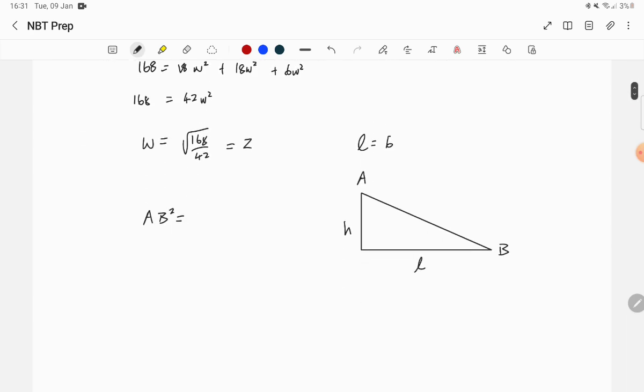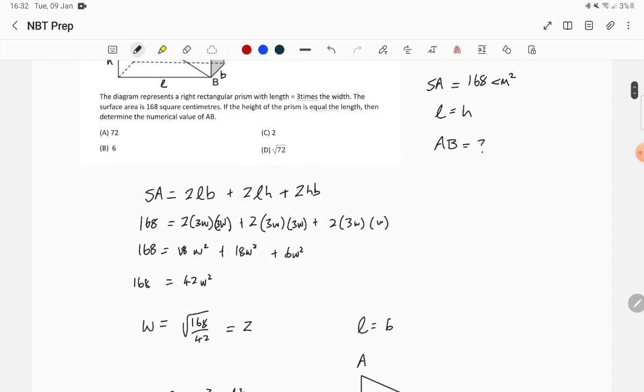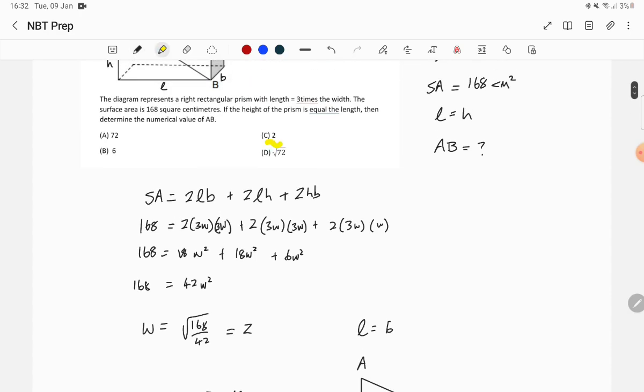Since length is 6 and height equals length, this will be the square root of 6 squared plus 6 squared. Since it is Pythagoras, we need to square root it, and that equals root 72, and therefore our answer is option D.